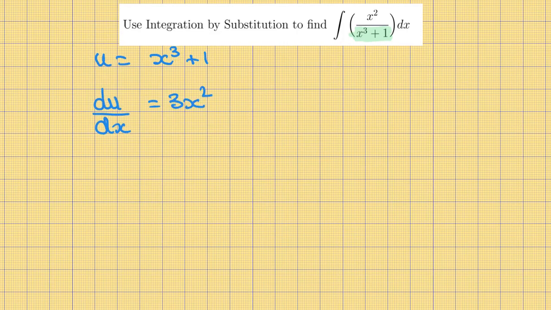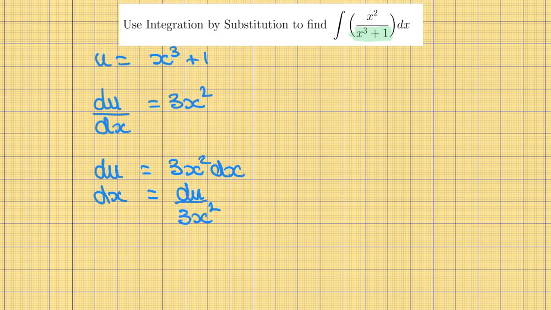Rearrange to find dx. So du equals 3x squared dx. So dx equals du over 3x squared. Note again that du over dx is equal to 3x squared. x squared and 3x squared are multiples of each other, so that is fine.